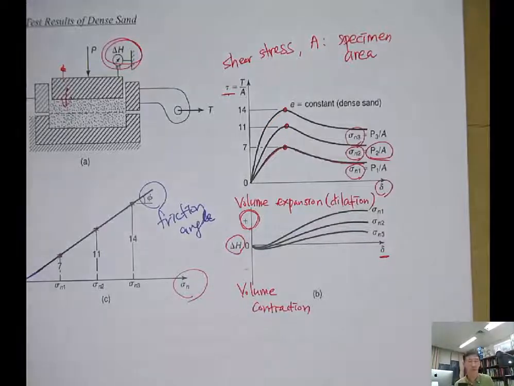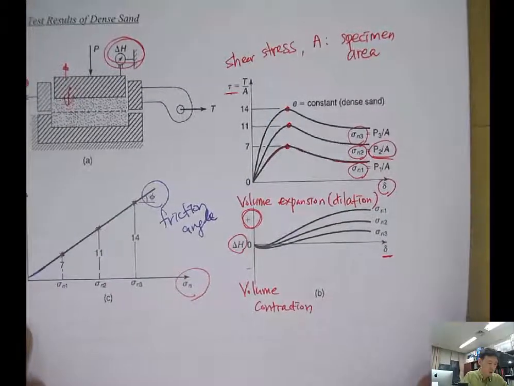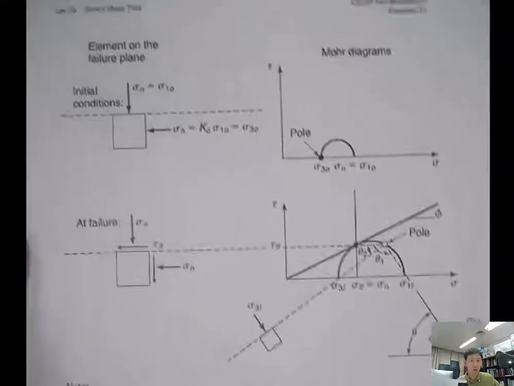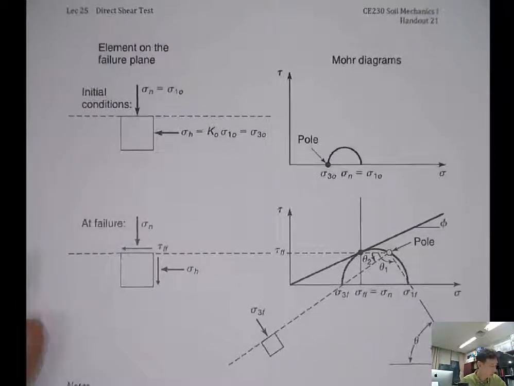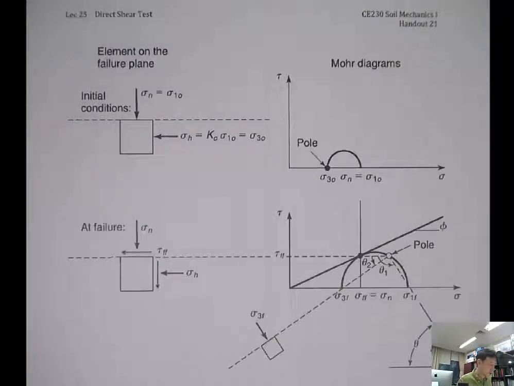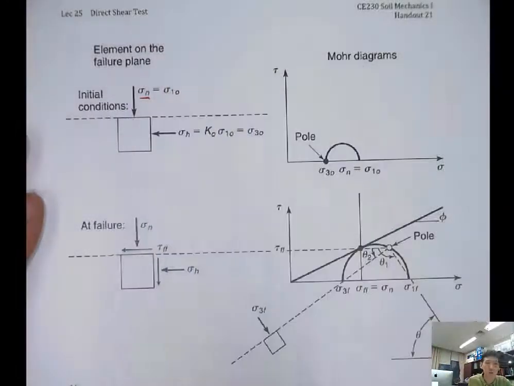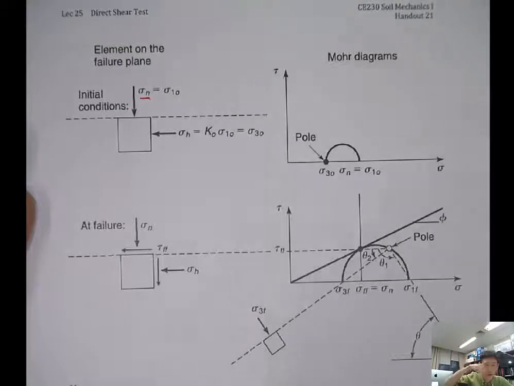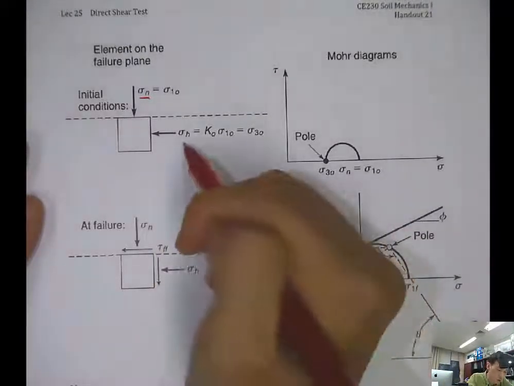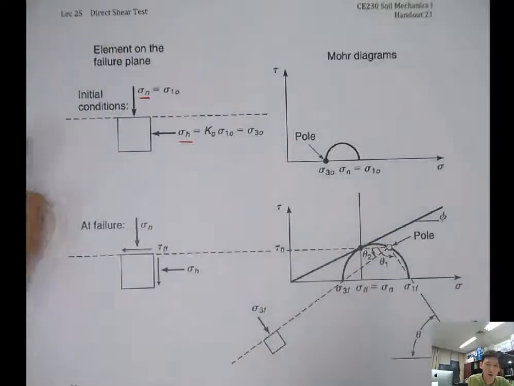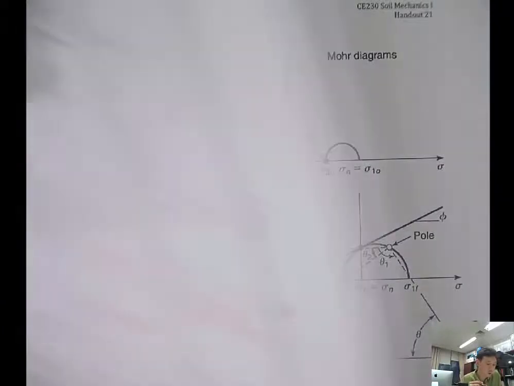Okay. So then what about the stress state? How does the stress state change during shearing? Initially, sigma n is applied from the P through the loading cap, and you have a horizontal stress sigma h by the rigid wall of the shear box.